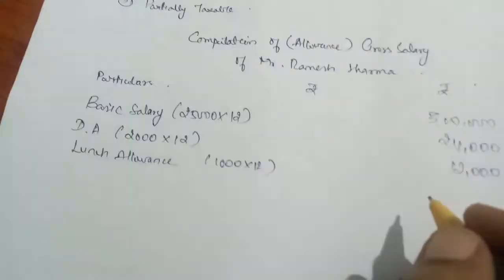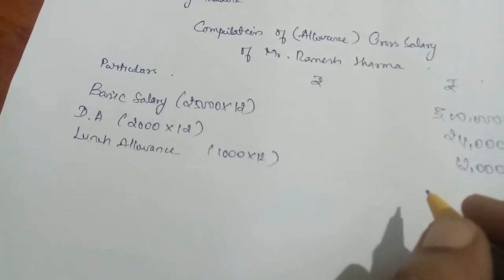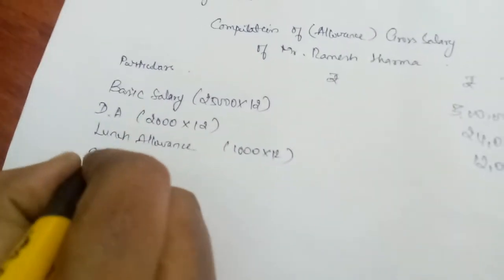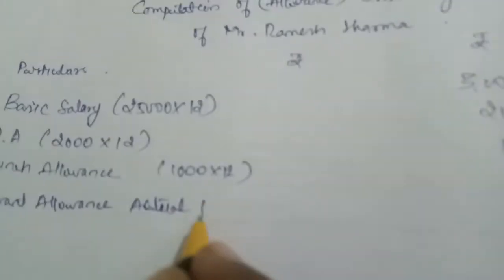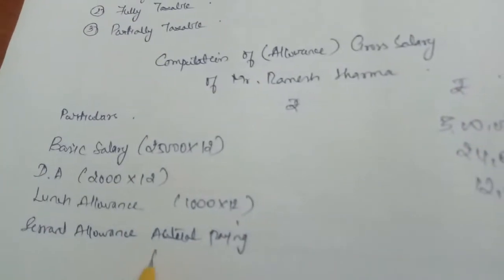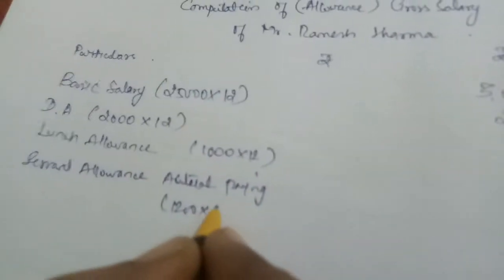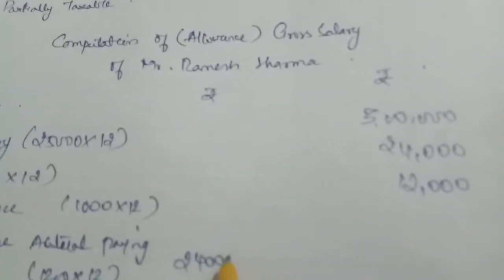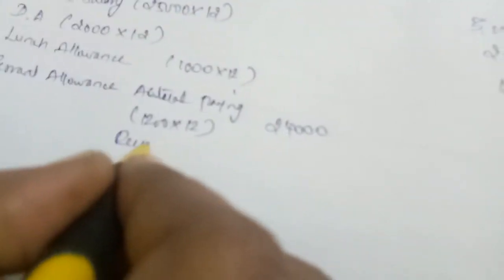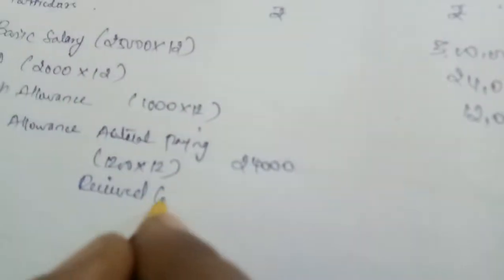Next one, servant allowance. He is paying 1,200 per month to the servant and getting rupees 1,000 per month. So servant allowance, actually paying 1,200 per month, 24,000 hmm, received 1,000 rupees into 12, 12,000.